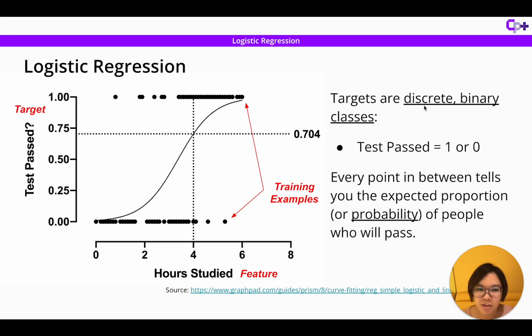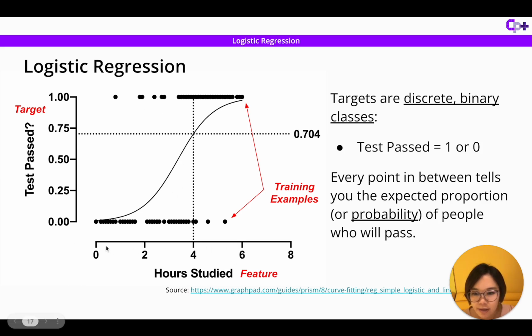So how do we do this? First you need to have binary classes, either 1 or 0, where passing the test is a 1 and failing the test is a 0. Once you have this 1 and 0, the features are on the x-axis.